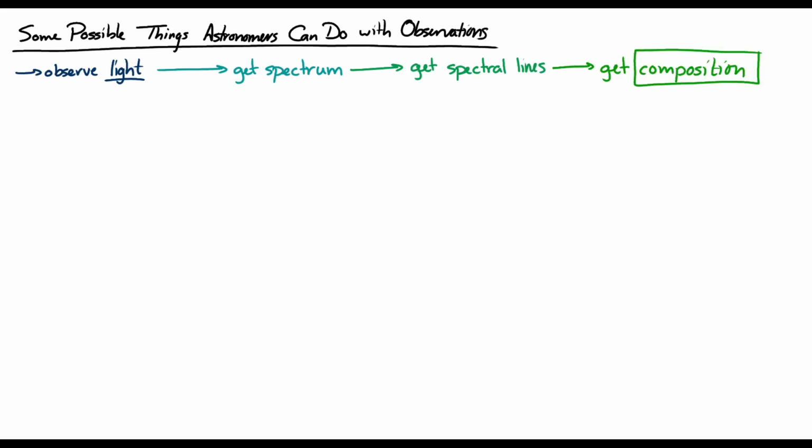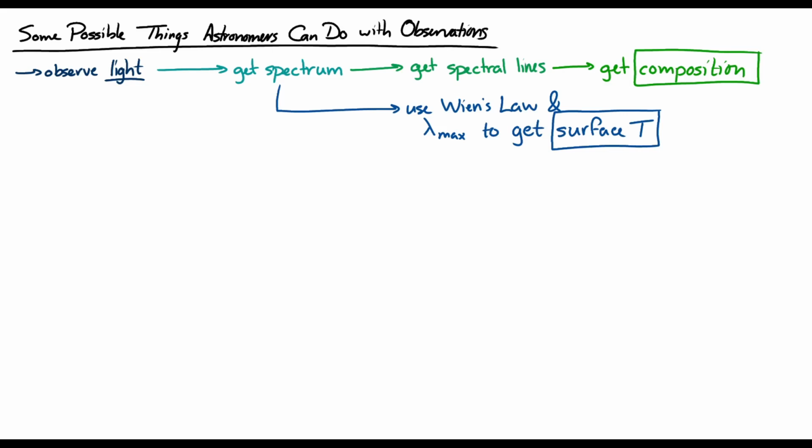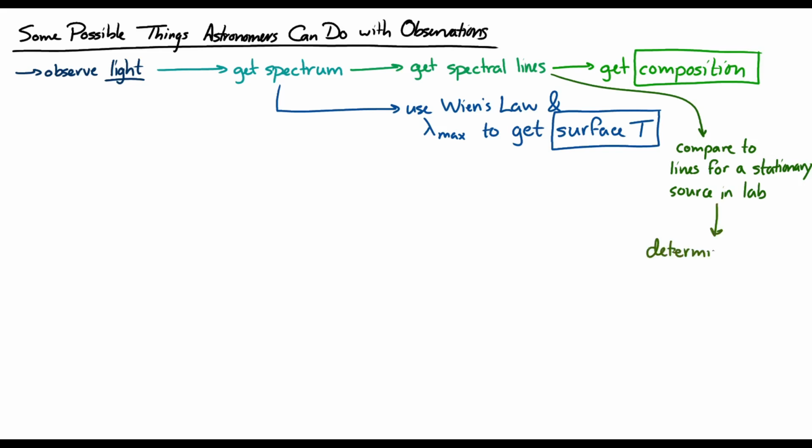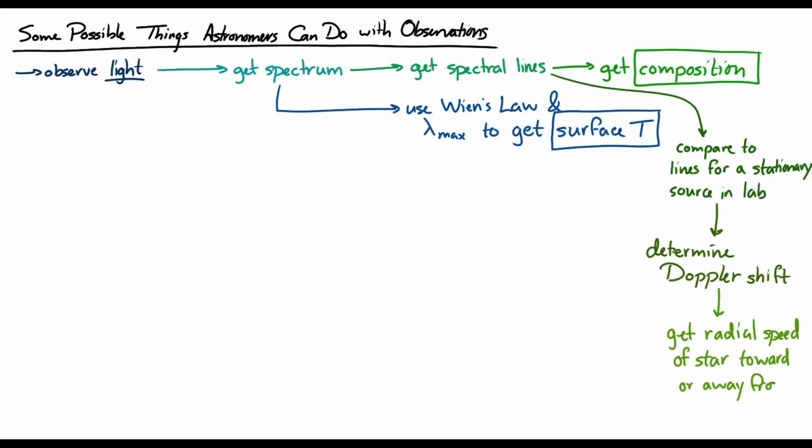From the spectrum, you can also use Wien's law to estimate the surface temperature of the star. And if you observe those emission and absorption lines, and you compare them to the emission and absorption wavelengths of a stationary source in a laboratory, you can figure out the Doppler shift of the star. And so you can determine the radial velocity of the star toward or away from you.